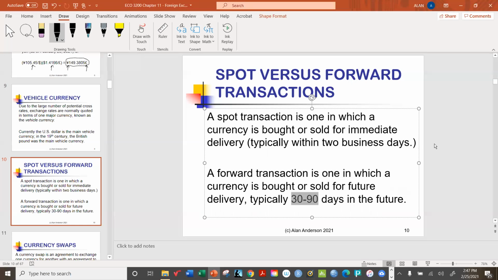All right, so we have two types of quotes. Most of them are spot exchange rates. All of the ones I showed you so far are spot exchange rates. They were meant for immediate delivery, but then we have the possibility of quotes for transactions that will not take place until some point in the future. So we're going to see later on how to determine forward exchange rates from these spot exchange rates. There's a mathematical formula that will let us do this directly.